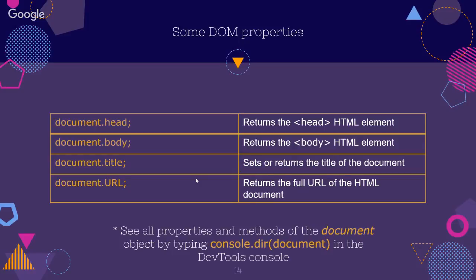The head property returns the head element. As you remember, this is where we store metadata such as the title of the page, links to style sheets like CSS, fonts as well, and others.